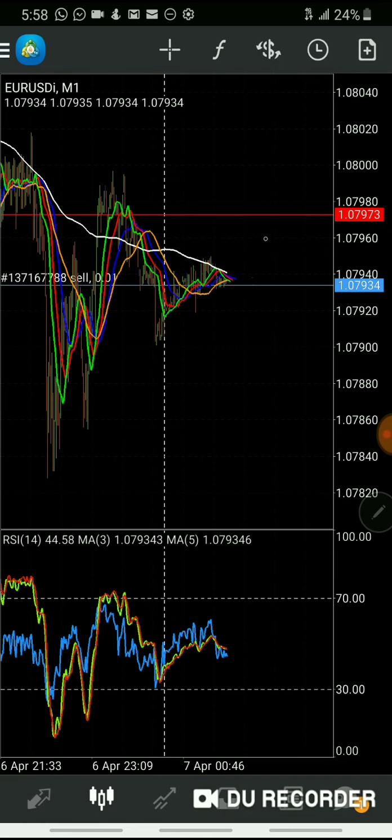Here is where I entered, but this red line has to reach this blue line before I go in profit. So really and truly, I entered over here exactly where I wanted. But before my trade goes into profit, this red line has to meet this blue line, and this blue line will be somewhere around here.